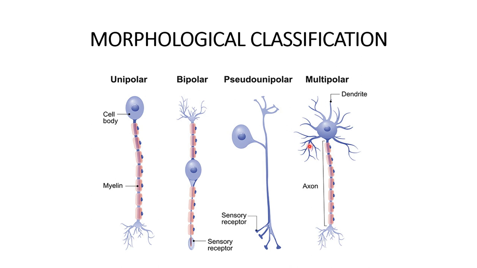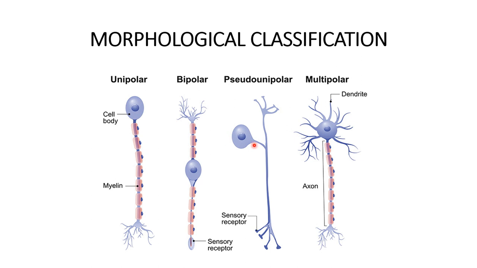Then the multipolar neurons. The majority of the body is comprised of multipolar neurons, and they are found most commonly in the pyramidal cells of the cerebral cortex, Purkinje cells of the cerebellar cortex and anterior horns of the spinal cord. So these are the three types.